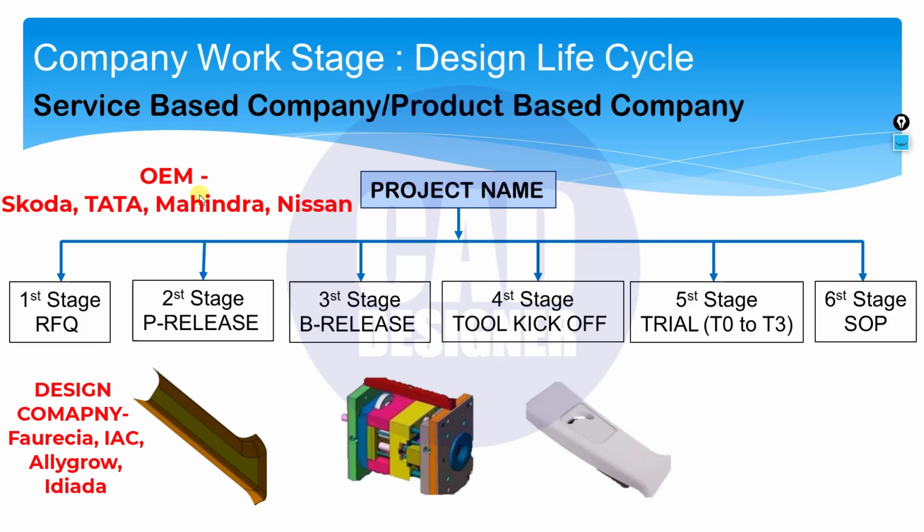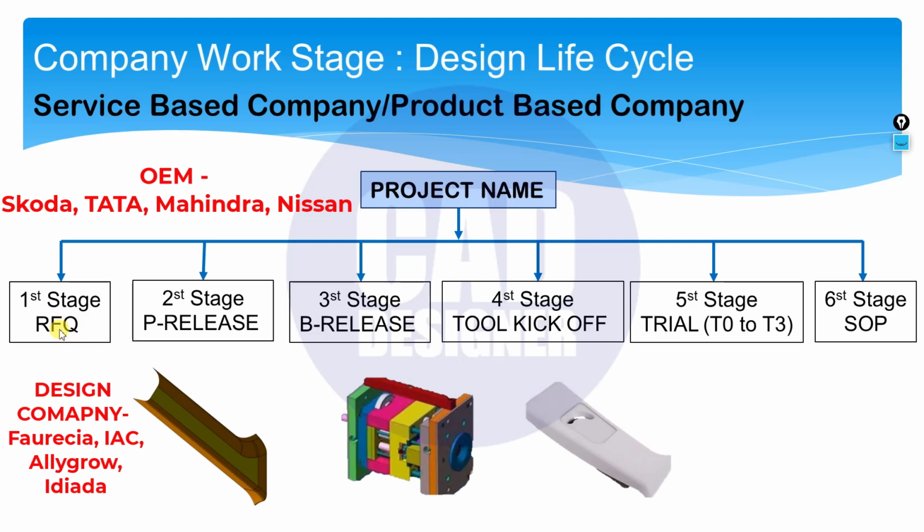So let's first understand these six stages. First is the RFQ stage. So what happens in the RFQ stage? These OEMs, as we have seen in the previous slide on vehicle development, develop the class A surface from scanning of the clay modeling or Autodesk Alias software.